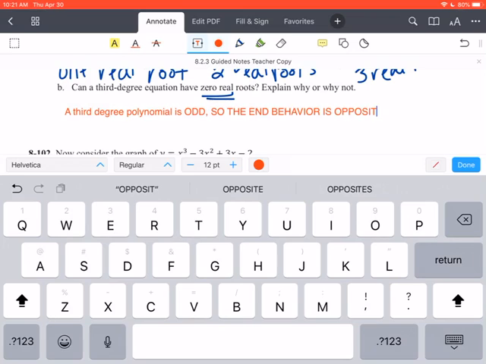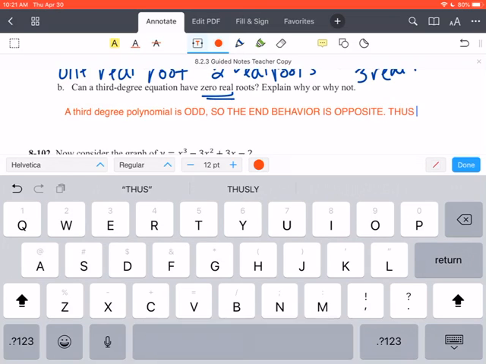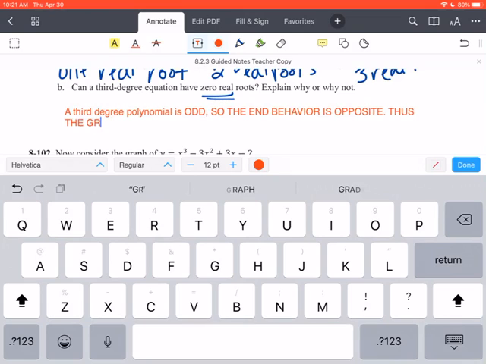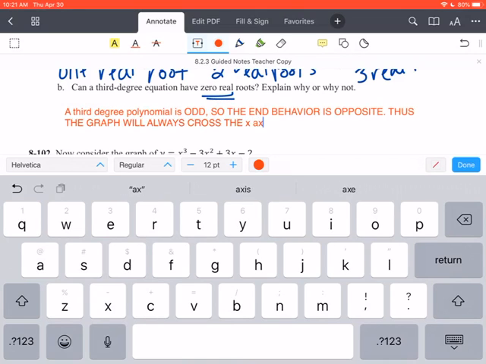We got really good with that in the first section. Thus, the graph will always cross the x-axis at least once. Whoops, didn't know I was typing in all caps. Oops, oh well.